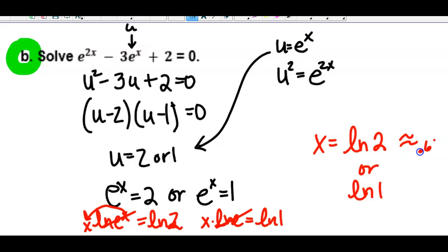This would be 0.6931, and this would be 0. So if you put a 0 in, you'd have 1 minus 3 is -2 plus 2 is 0. But the natural log of 2 also works.